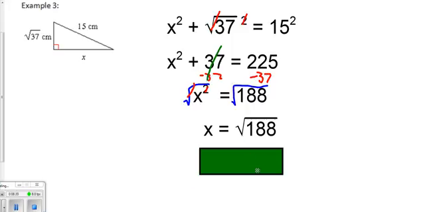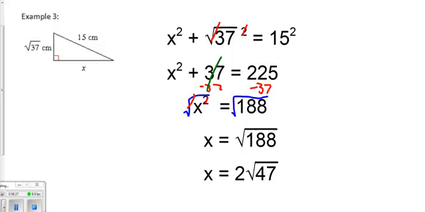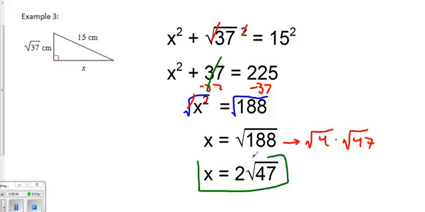As we try to break down 188, we've done that in lessons before. We could break it down into square root of 4 times square root of 47. Square root of 4 is 2, so we call it 2 square roots of 47. And this would be our final answer then.